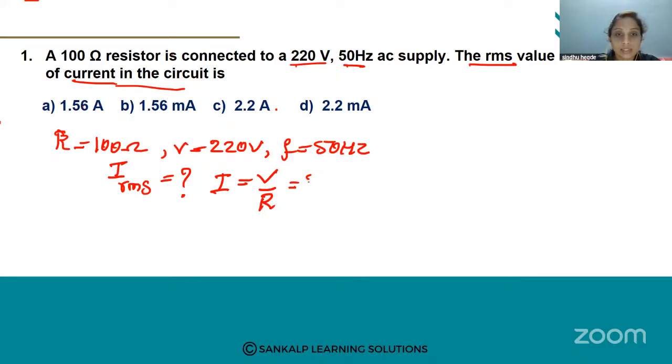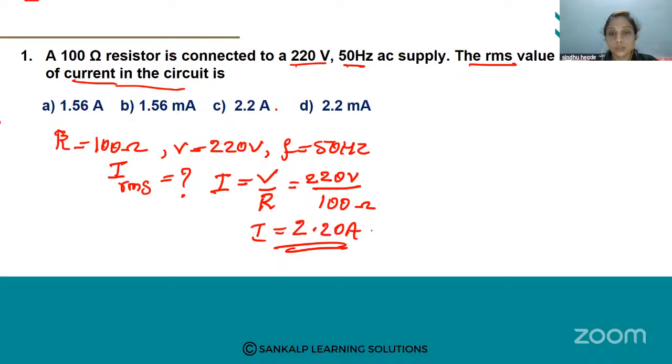V is given, that is 220 volt, divided by R value 100 ohm. Then I is equal to 220 divided by 100. It gives 2.20 ampere. So the RMS value of current in the circuit is option C, which is correct. That is 2.2 ampere.